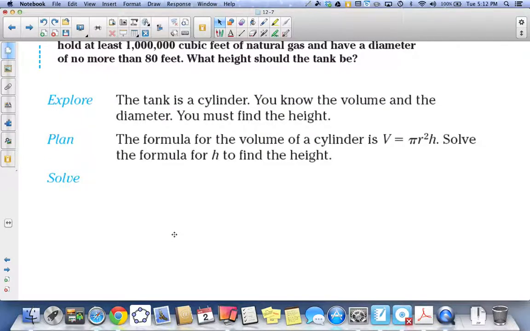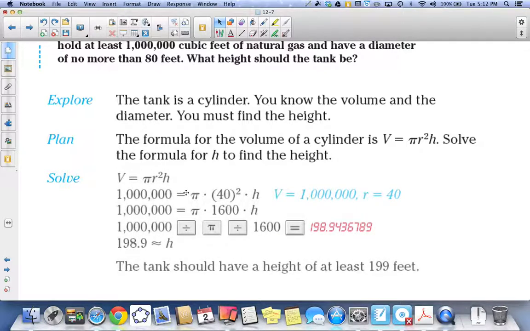In order to do that, substitute the values for volume and radius. We know that the diameter is 80 feet, so the radius is 40 feet. So substituting the values, 1 million, which is the volume, equals pi multiplied by 40 squared times h.